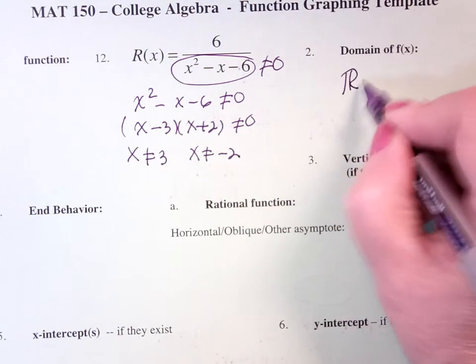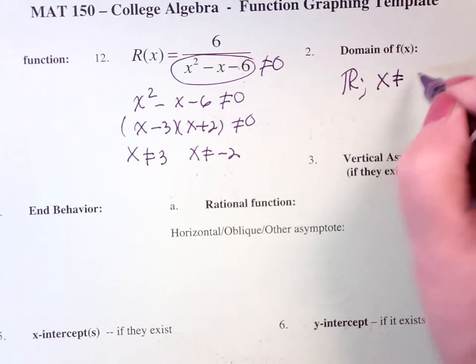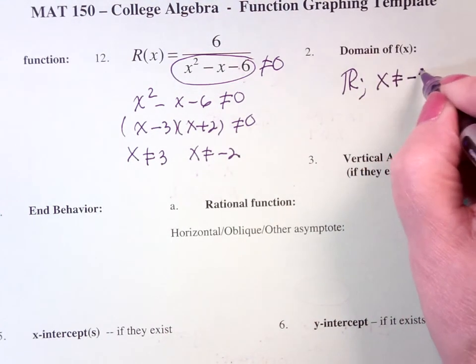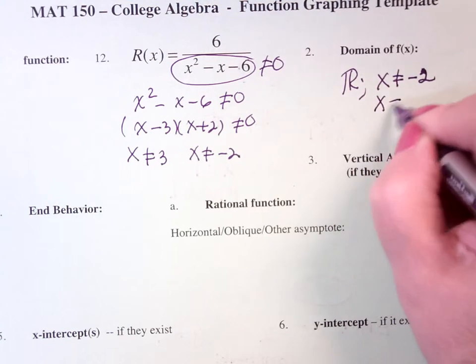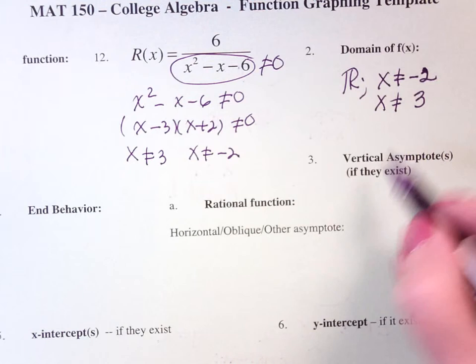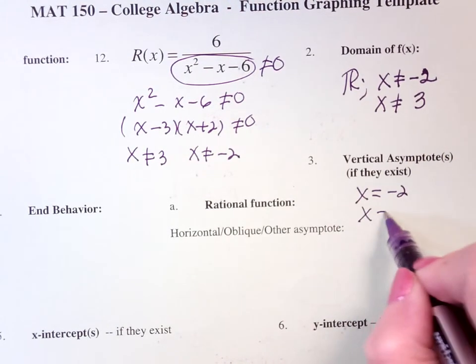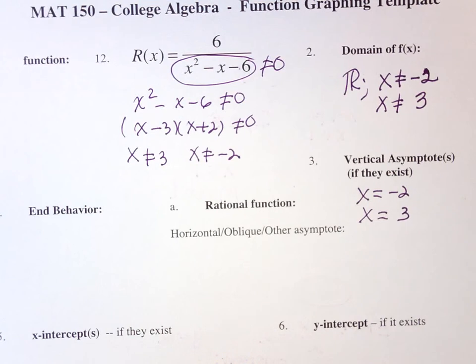So it's all real numbers except for negative 2 and positive 3. The VAs will be x equals negative 2 and x equals positive 3. This guy has 2 VAs.